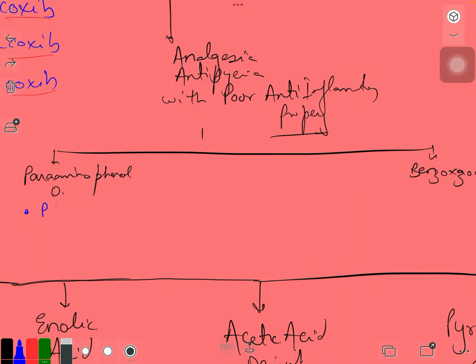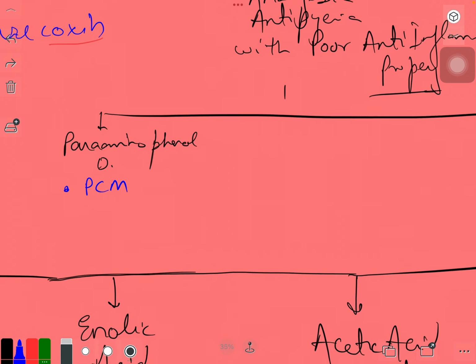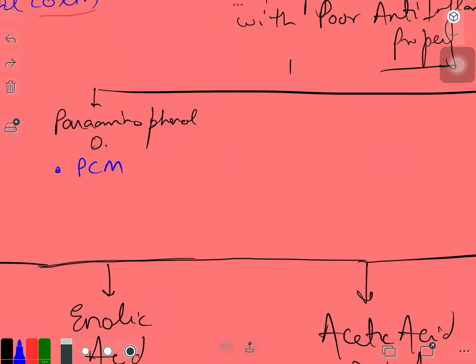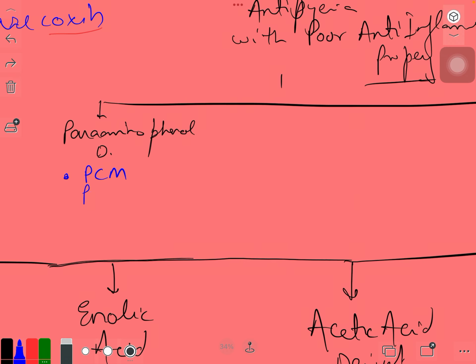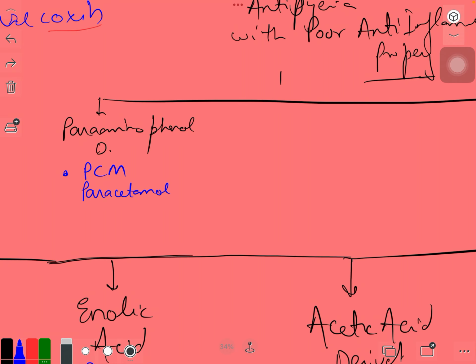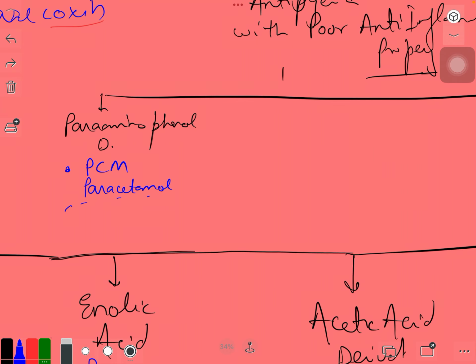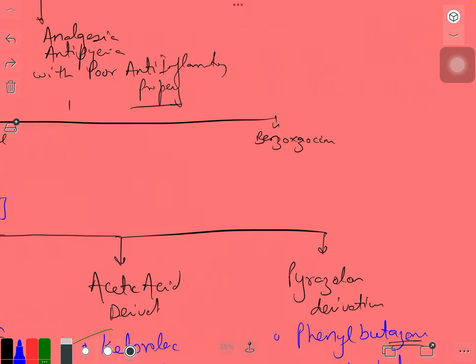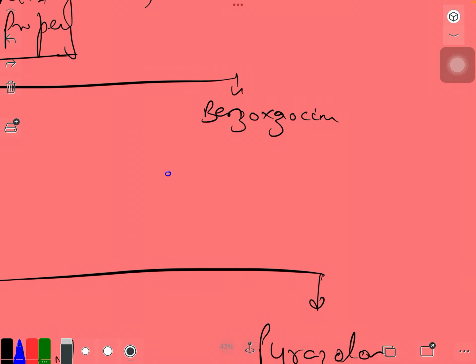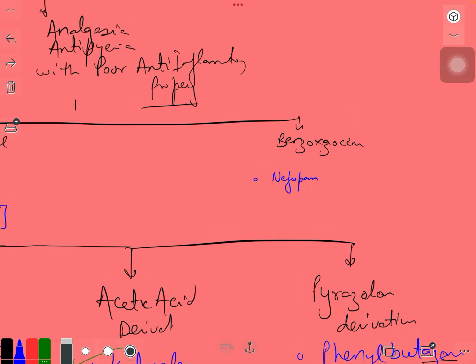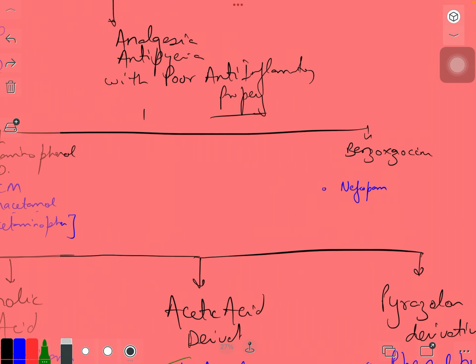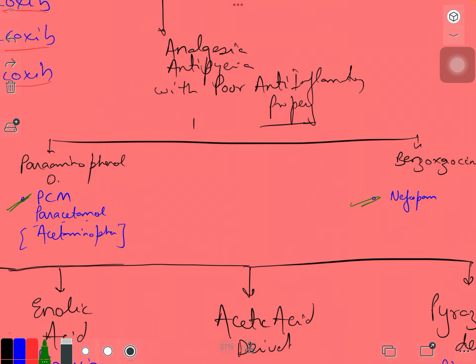In this category, the most famous, most commonly used, most abused is paracetamol. Paracetamol, also abbreviated as PCM, also called acetaminophen in other countries. And for this category, nefopam, right? And we need to know at least both of them, okay, over here and over here.